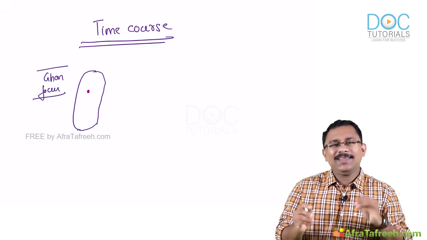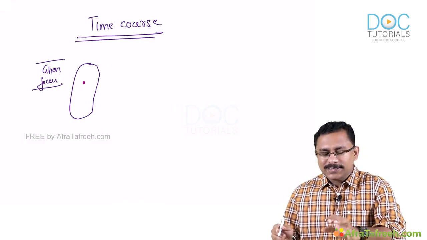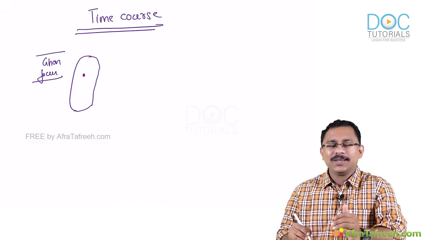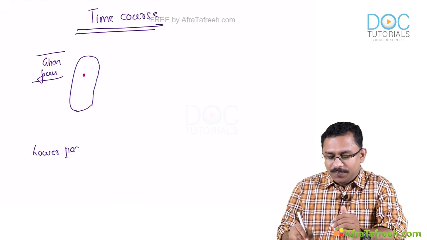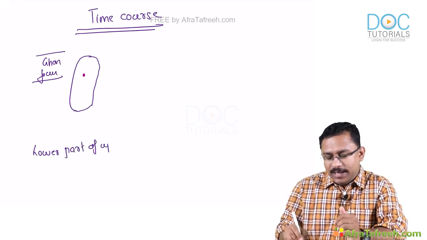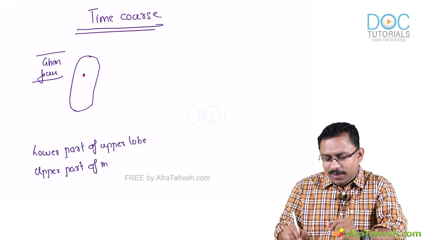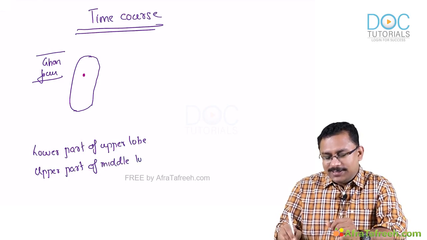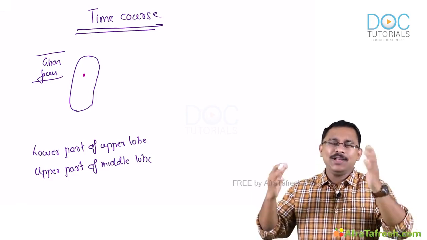It is nothing but a bacillary focus, and this focus is usually formed in the lower part of the upper lobe, or the upper part of the middle lobe, or in the right lung you can say the middle lobe, otherwise the lower lobe.